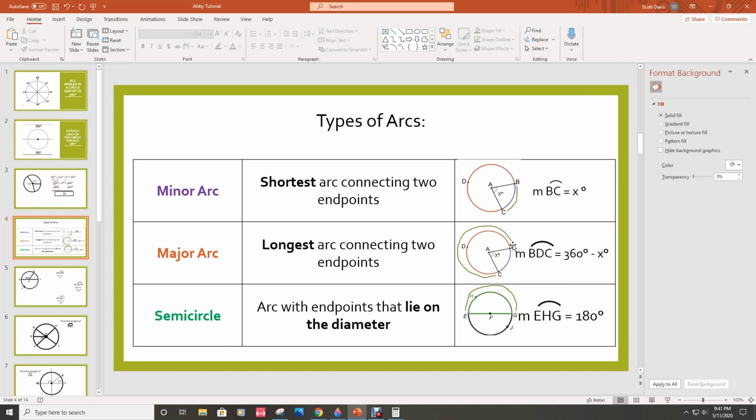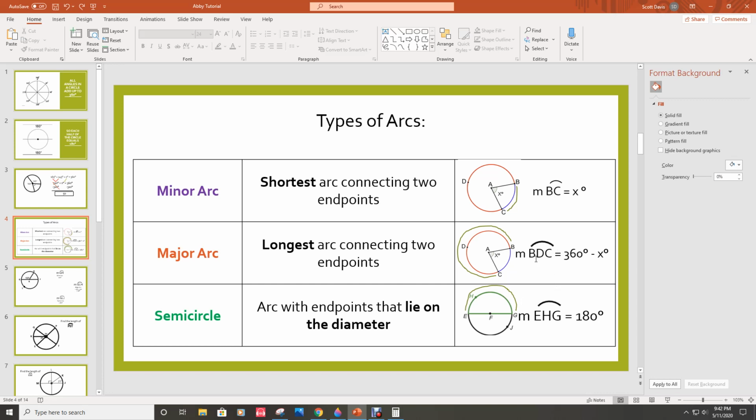Notice how that part right here is already labeled in red. That's why I made sure it was marked in red, so that you can notice that it is the longest arc connecting two endpoints. This one has 3 of the points of the circle in it.